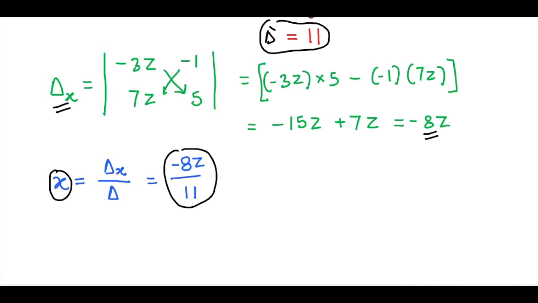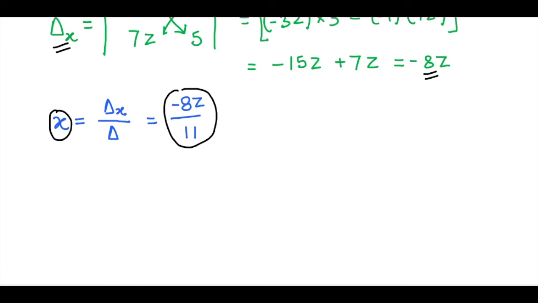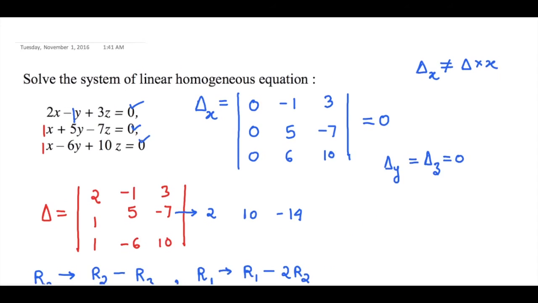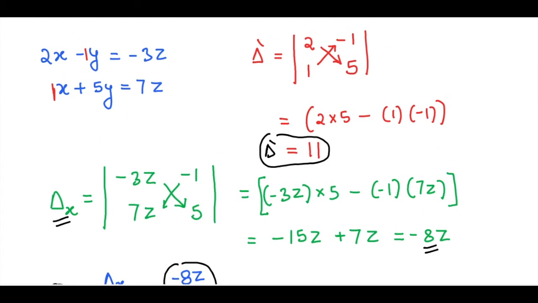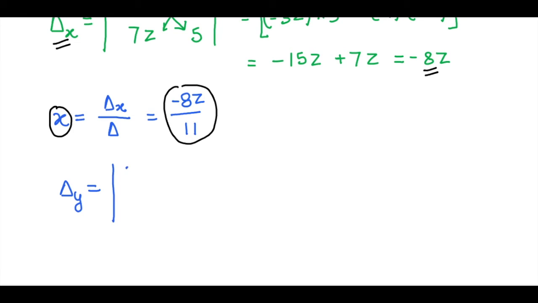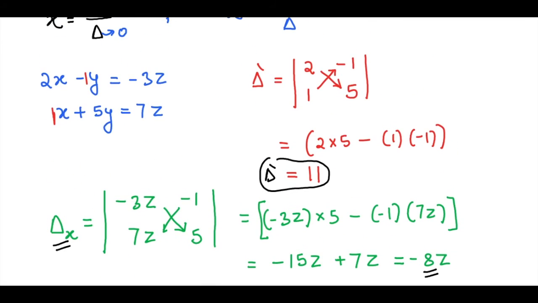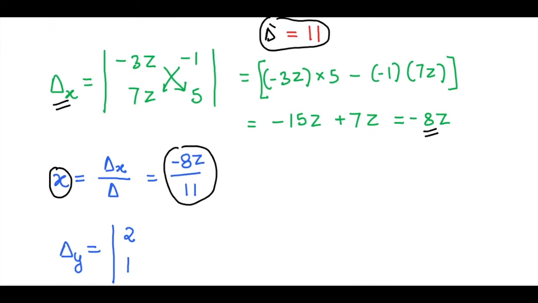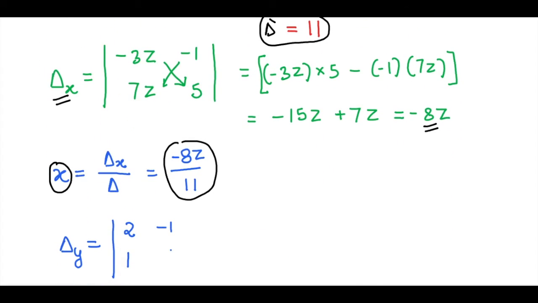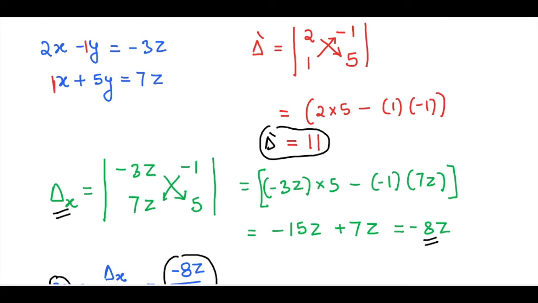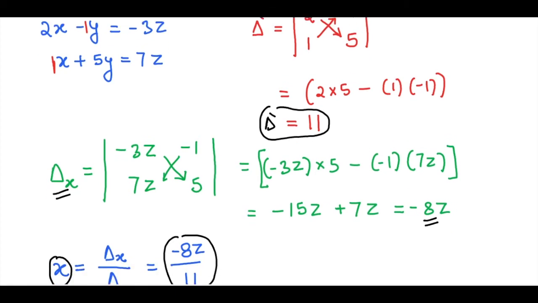Similarly, we can find the value of y. To find the value of y, we have to find del y. For del y, we will write the x term as it is, 2 and 1, and in place of the y term, we will write -3z and 7z.